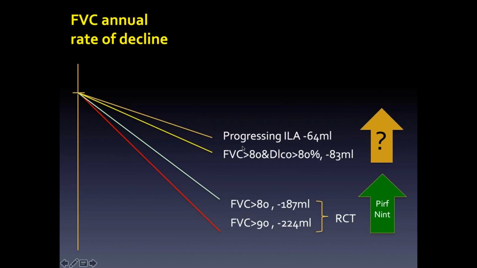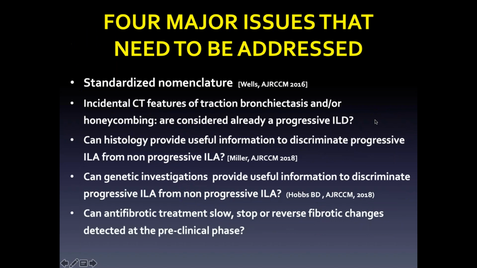We know that in early IPF we have a decline of around 83 milliliters per year, and in progressive ILA we have a decline of 64 milliliters, and we don't know yet, or we have some ideas, but it's not completely clear how to treat this group of patients. And these are the 5 major issues that need to be addressed.